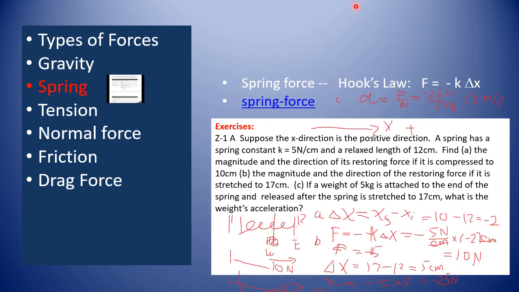Now we are on spring force. Spring force, within a limitation, follows Hooke's law, which means the stronger the extension, the stronger the restoring force. And the restoring force is in the opposite direction of the extension, which means it restores the spring.